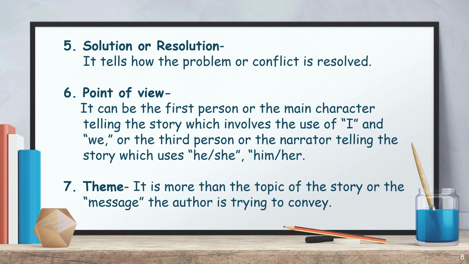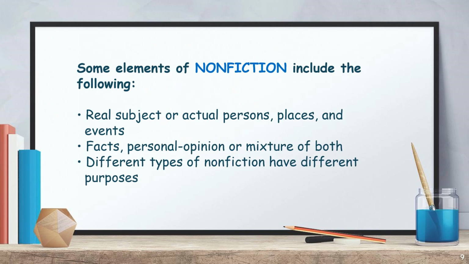And for number 7, we have theme. It is more than the topic of the story or the message the author is trying to convey. Now let us proceed to some elements of nonfiction, and this includes the following.